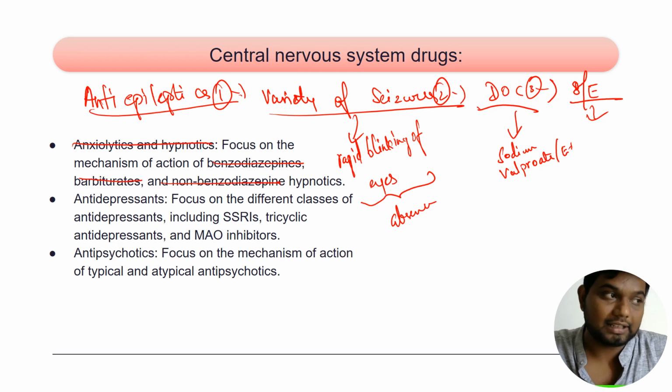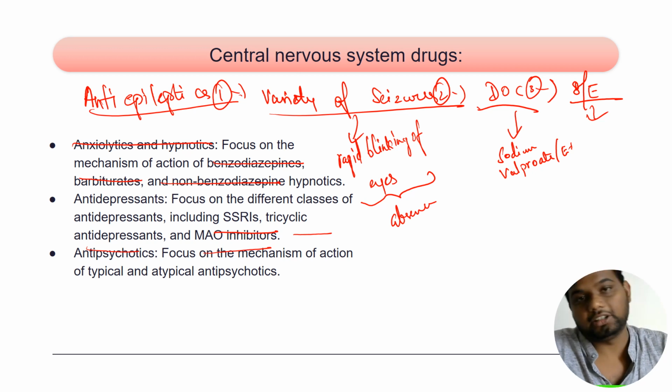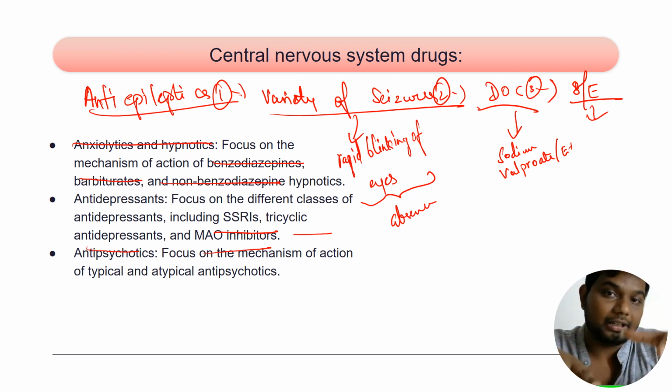And then you have the antidepressants, where we talk about the SSRIs, SNRIs, TCAs, and MAO inhibitors. Speaking about the SSRIs and SNRIs, they largely share the same mechanism of action, except that the SSRIs selectively inhibit the reuptake of serotonin, while your SNRIs inhibit the reuptake of serotonin and norepinephrine as well.